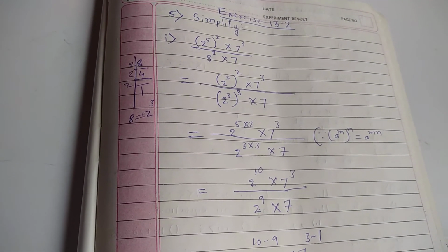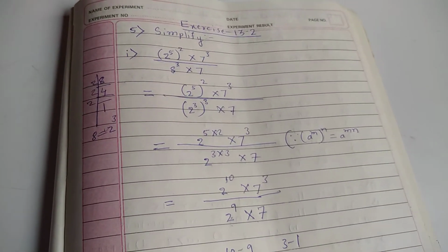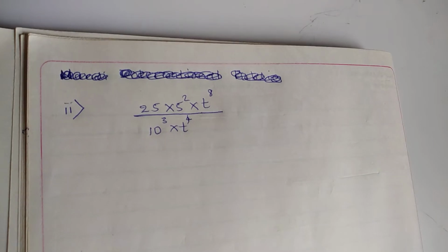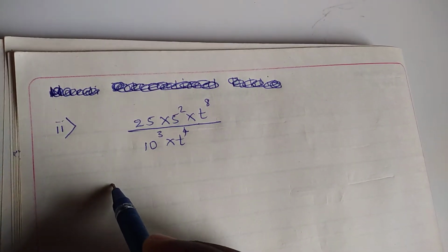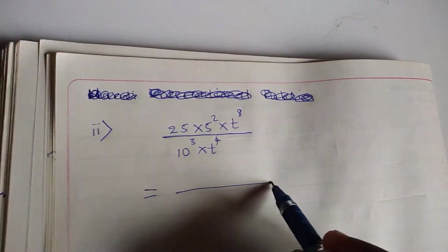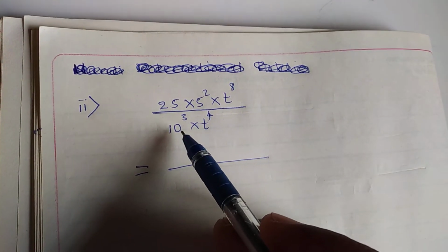This is the first question of the fifth question. Okay, let me solve another one. See the second problem of this question, all of you students. Here also we have to do a little bit of modification regarding this 25 and 10.